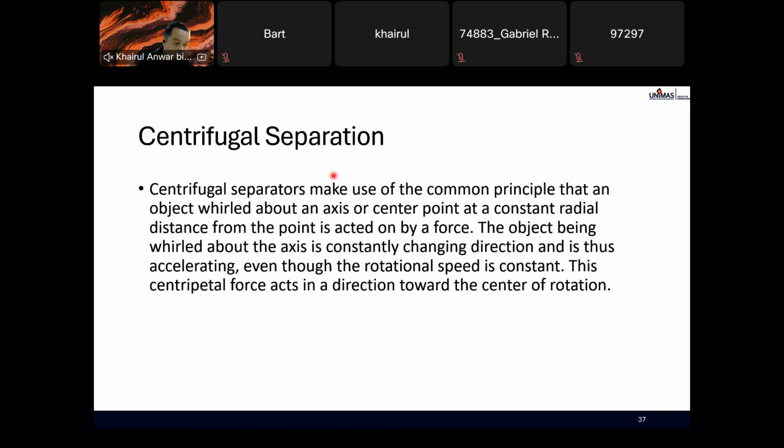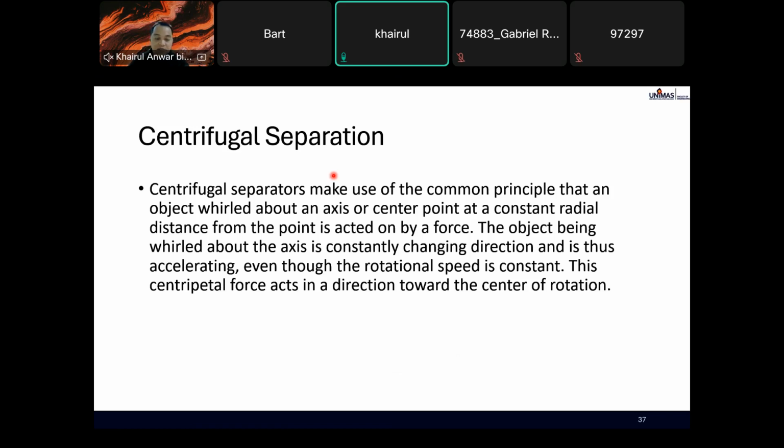Centrifugal separation. A centrifugal separator makes use of the common principle that an object whirled about an axis at a constant radial distance from the point is acted on by a force. The object being whirled about the axis is constantly changing direction and is thus accelerating, even though the rotational speed is constant.